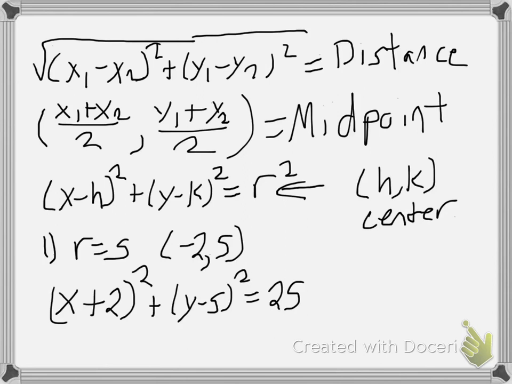Okay, now let's take a look at number 2, because that one is a little bit trickier. We have a center of (6, 5), and one of the points on the circle is the point (3, 4).